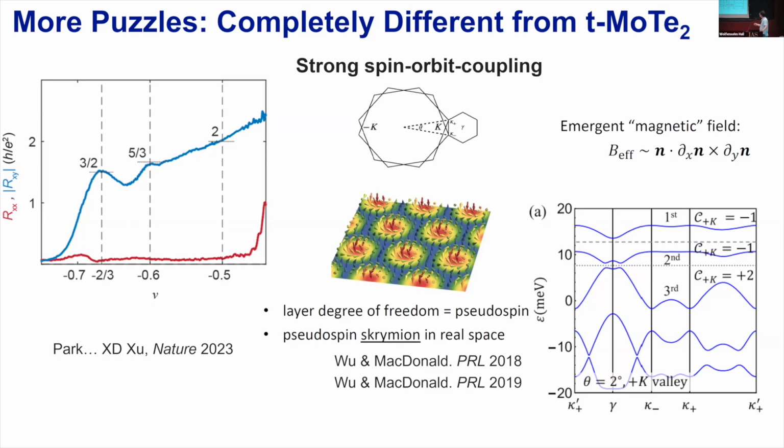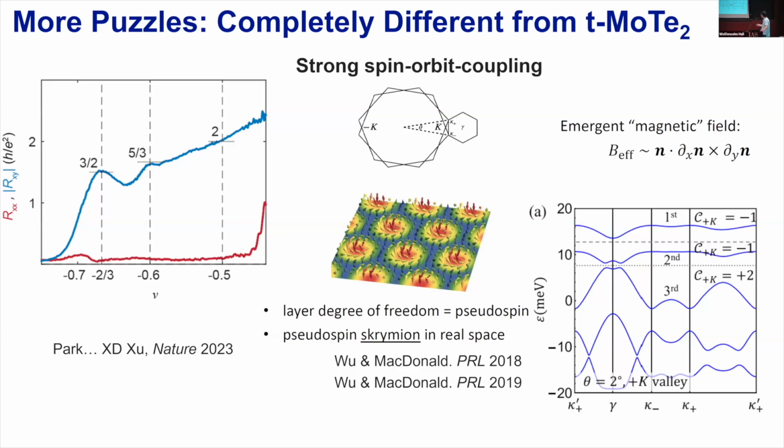And twisted MoTe2 forms this spatial pattern of the pseudospin, which is basically a layer degree of freedom, right? So it forms these skyrmion patterns of the pseudospin in real space, and that somewhat looks like an emergent magnetic field through the spin-orbit coupling.